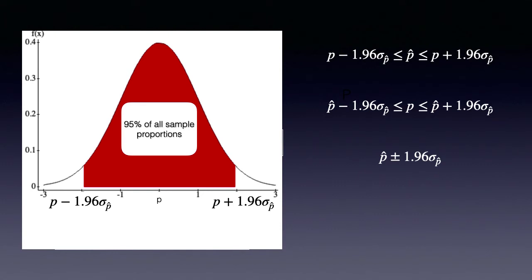Now what I'd like to do is generalize and come up with any confidence level. If you want to be 90, 95, 99, 82, 88, 97, you pick the confidence level.